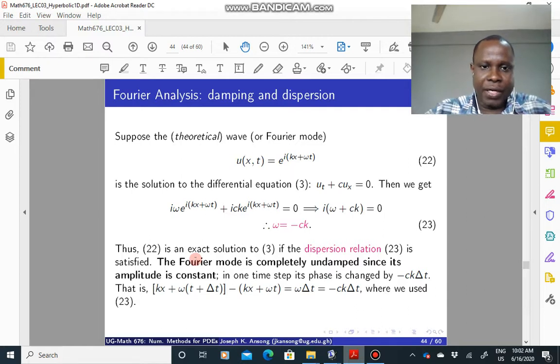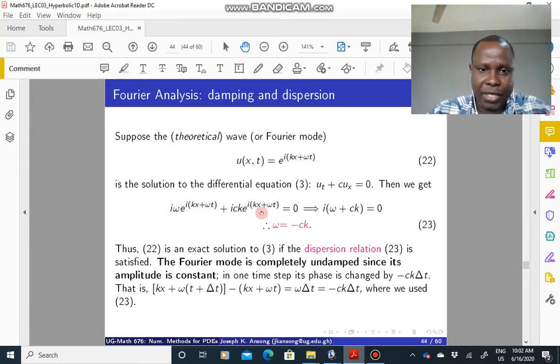Let's assume that we have a theoretical wave u, which is given by equation 22. Let's assume this is a solution to the advection equation. So you plug equation 22 into this, and then you get this. Differentiate with respect to time, you're going to have i omega, which is what you have here.